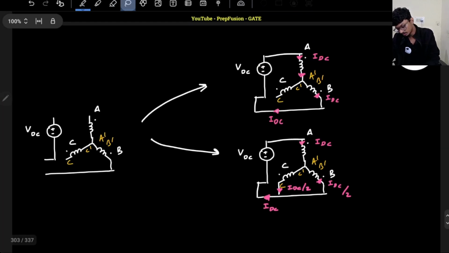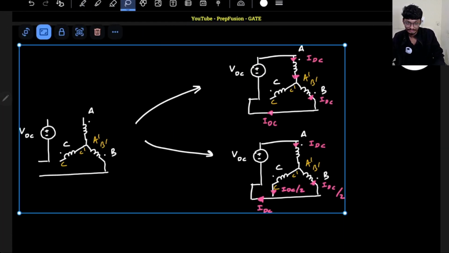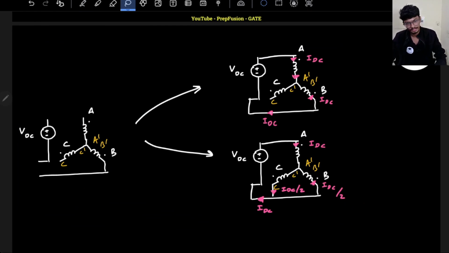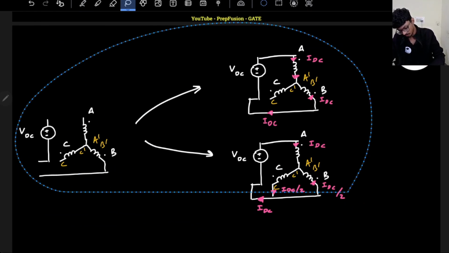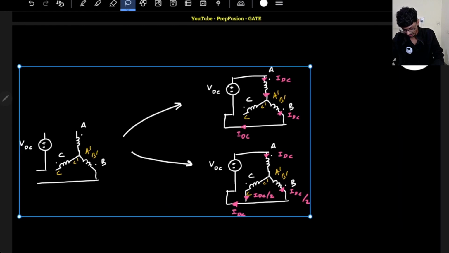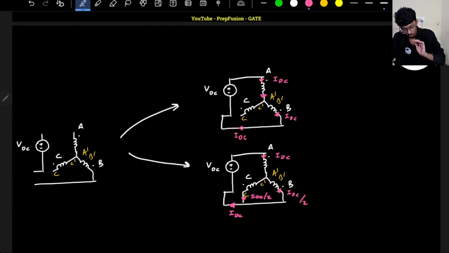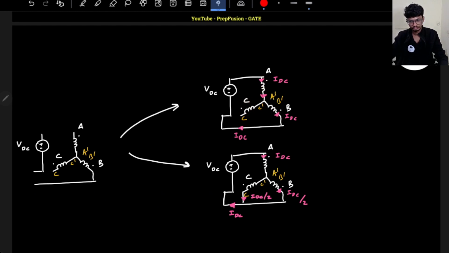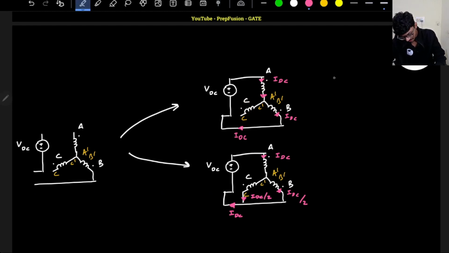So let us compute the MMF provided by each of these. Remember, it is DC, so it will be far easier for us to calculate the MMF. Don't worry, I know you are scared, but it will be far easier, right? So if I draw the phasor diagram in space, this is providing a flux. Here current is entering the dot, here current is leaving the dot, here nothing is there. Let me assume A dash to be the reference.